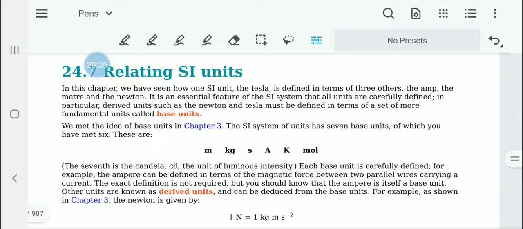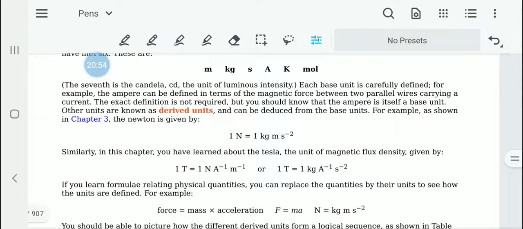Using the base units, within brackets m meters, kg kilograms, s seconds, A ampere, K Kelvin, mol mole, cd, C D, within brackets luminous intensity, we can reach derived units which can be deduced from the base units.